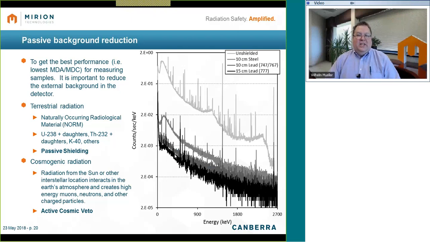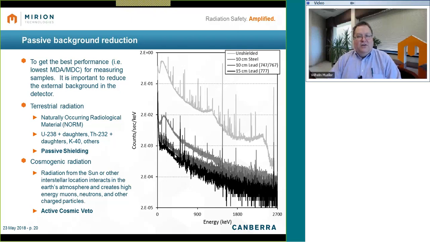Typically, for passive shielding purposes, many people will bury the detector deep in a mine underneath a mountain, or very, very deep under the Earth, in order to significantly suppress the cosmic radiation. That's typically not accessible to the majority of us.